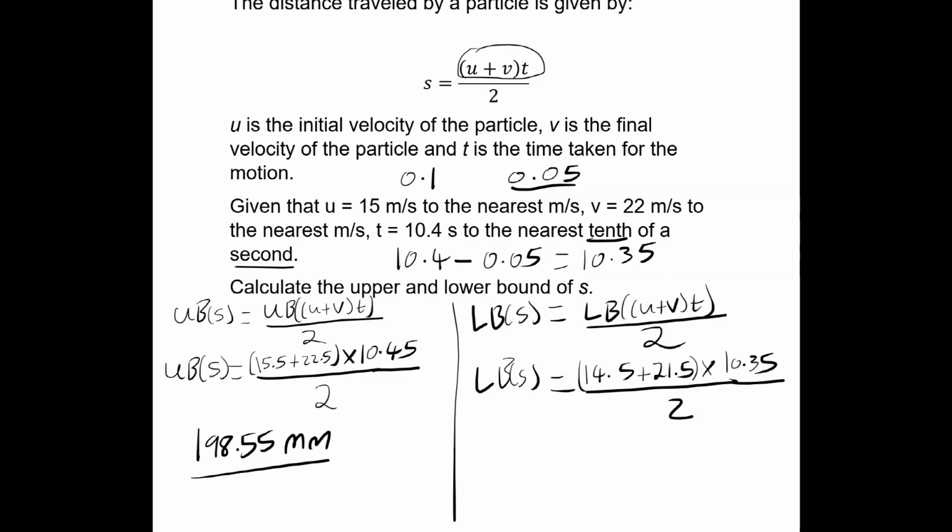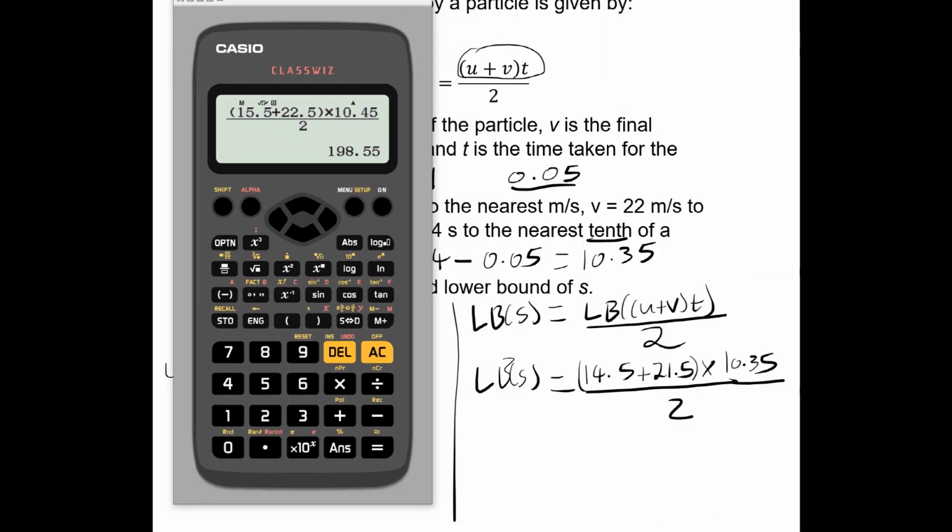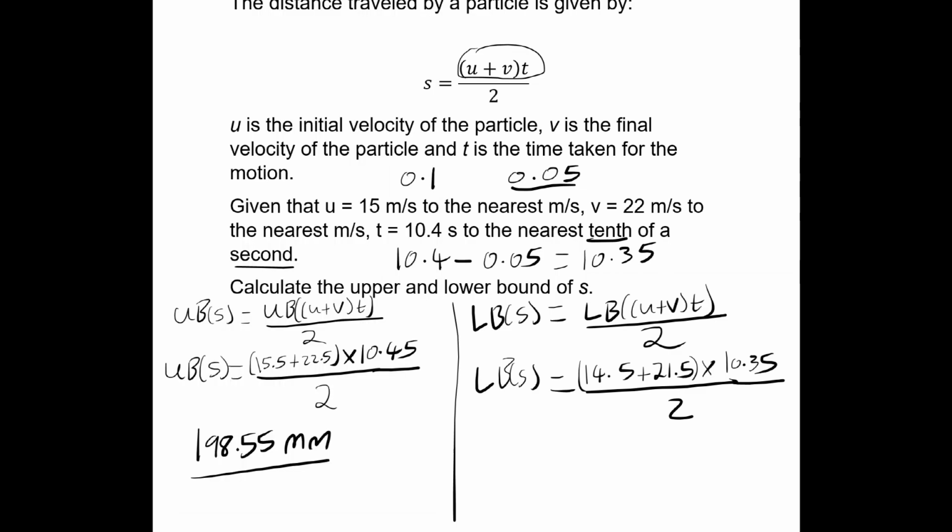And now let's calculate this. So we have 14.5 plus 21.5, all times by 10.35, all over 2, which gives us 186.3 meters.